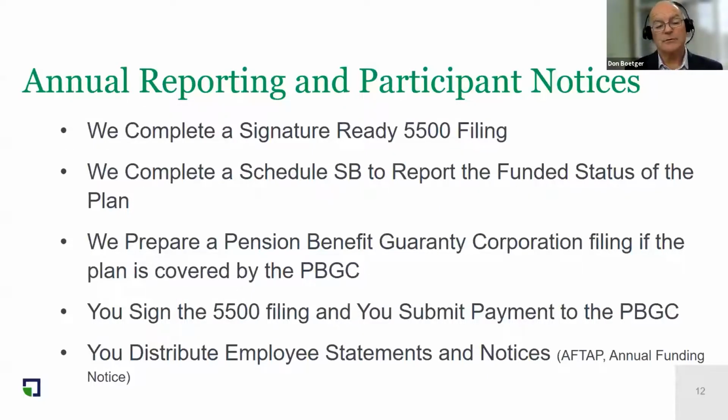Then what you have to do is you have to sign it and then submit payment to the PBGC, that premium that I just discussed. Lastly, your responsibility is to distribute employee statements so they know what they have in the plan, and any required notices, and we'll provide those at the end of the year.